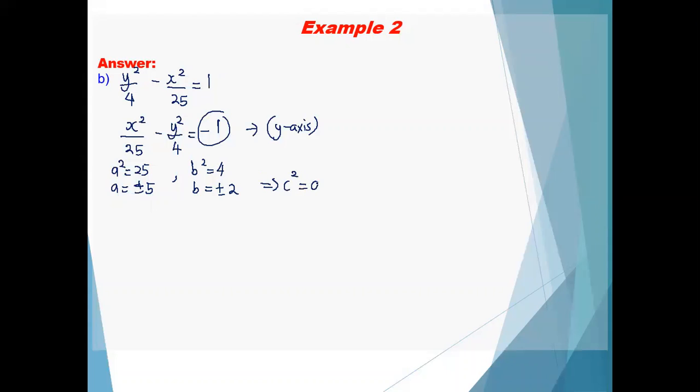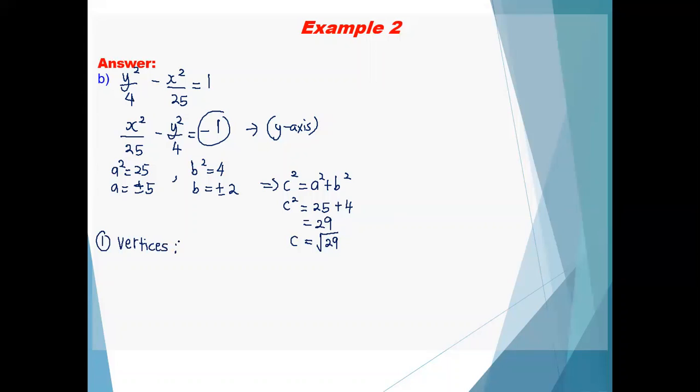Okay, So how about c? So c square is equal to a square plus b square. c square is 25 plus 4 equal to 29. So c is equal to square root 29. Okay, so let's see what is the vertices.